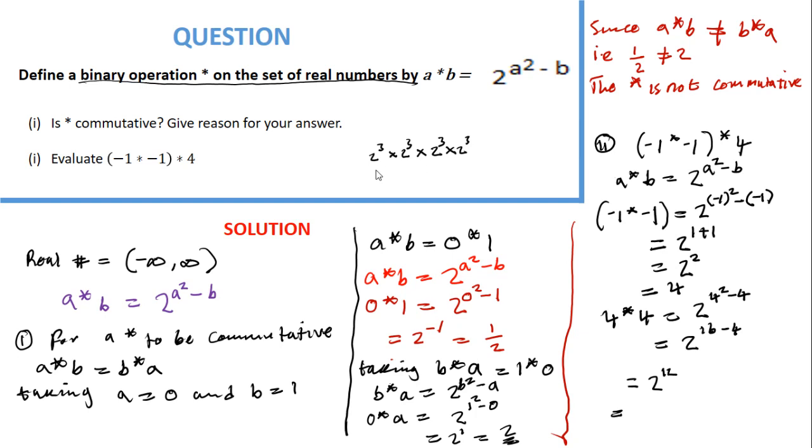So 8 times 8 times 8 times 8, because this is the lowest number I can quickly pick up and easily work out. So 8 times 8 is simply 64, and then 8 times 8 is 64 also.